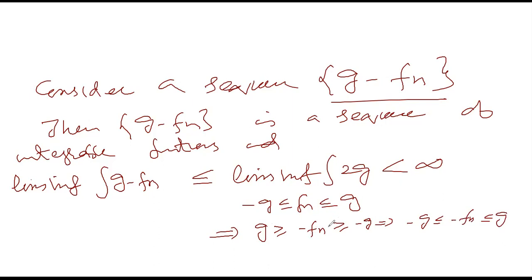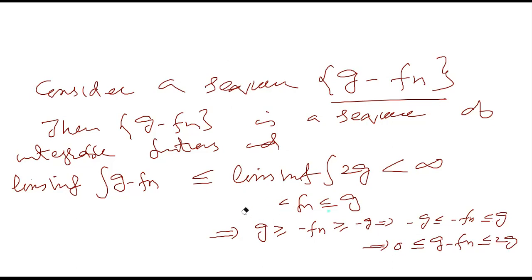Let's add g throughout. You'll see it is 0 less or equal to g minus fn less or equal to 2g. Okay, so g minus fn is less or equal to 2g, and 2g is integrable, it is finite. So that's why this is finite.